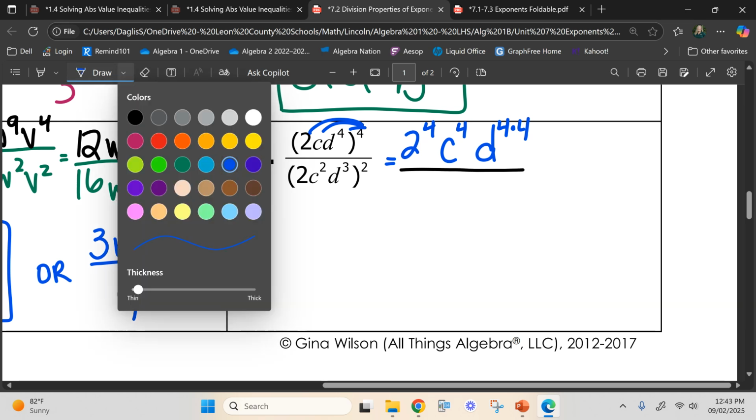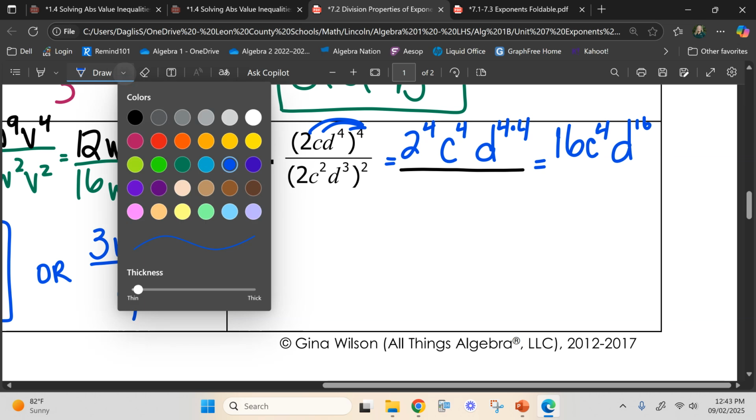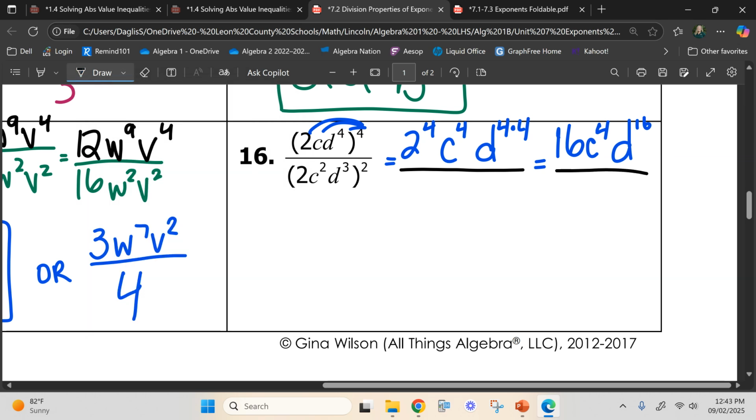All right, let's finish the numerator. What is 2 to the power of 4? 16. C4 is just C4. What's the exponent for D? All right, let's work on my denominator now.